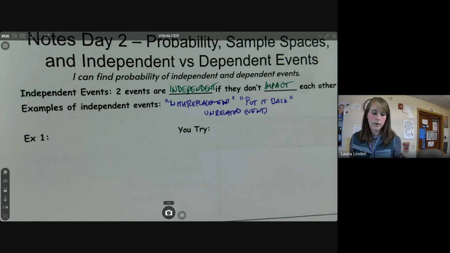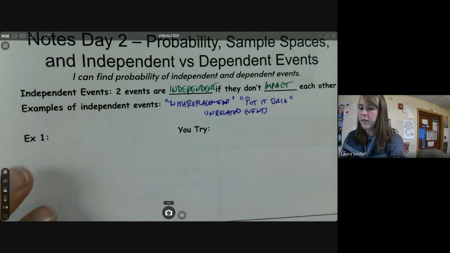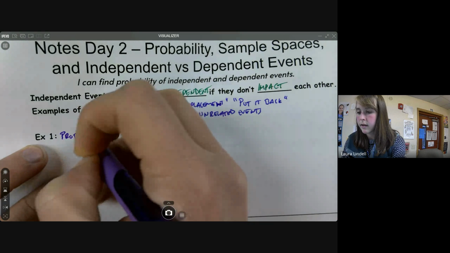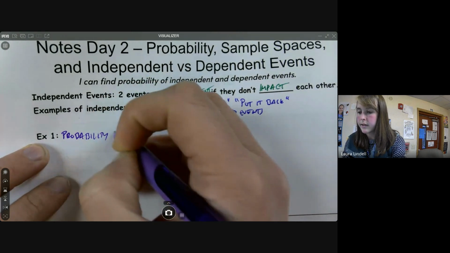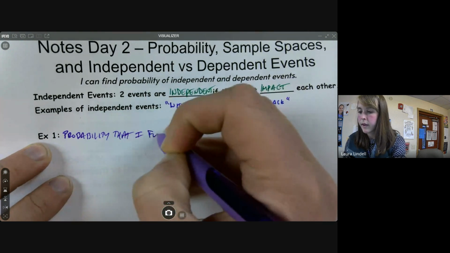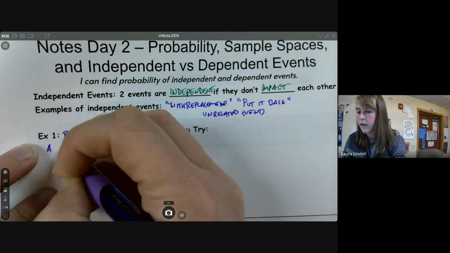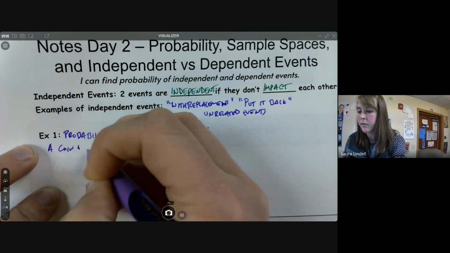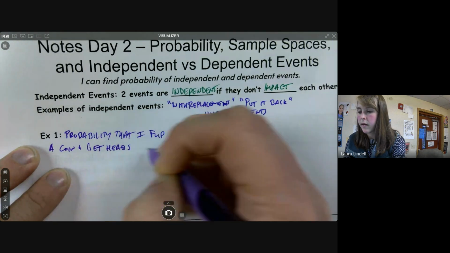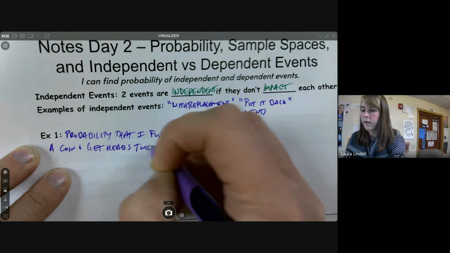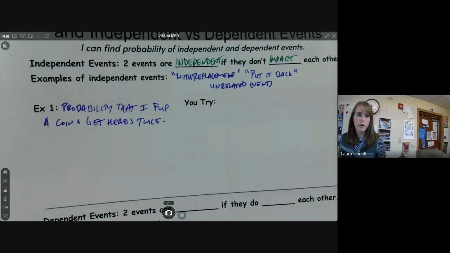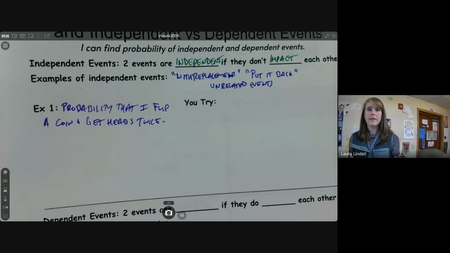So let's try one. Let's find the probability that I flip a coin and get heads twice. Okay. So what's the probability of getting heads the first time?